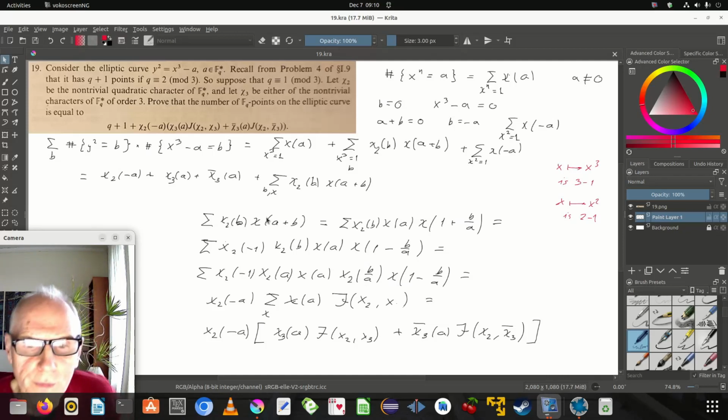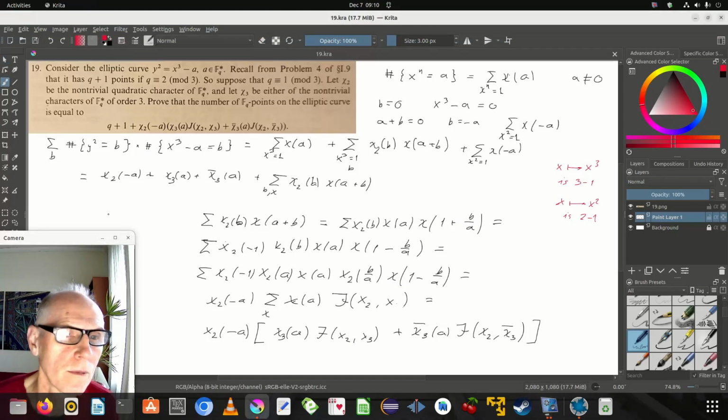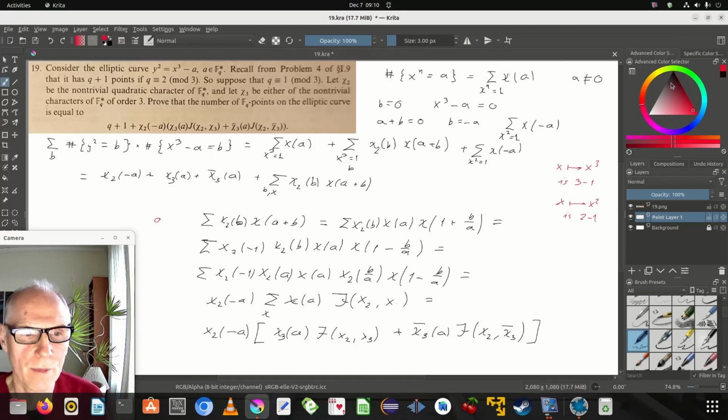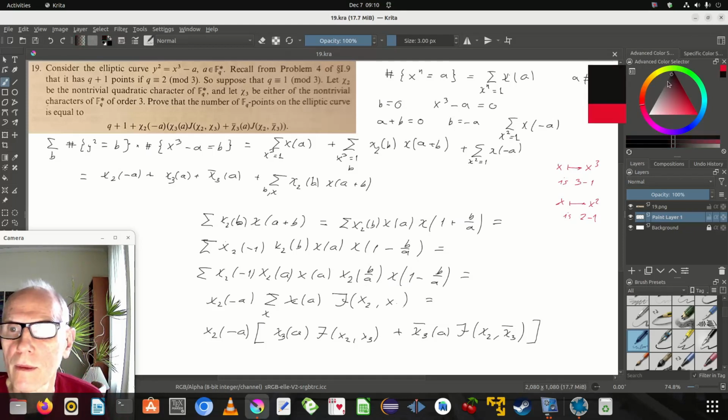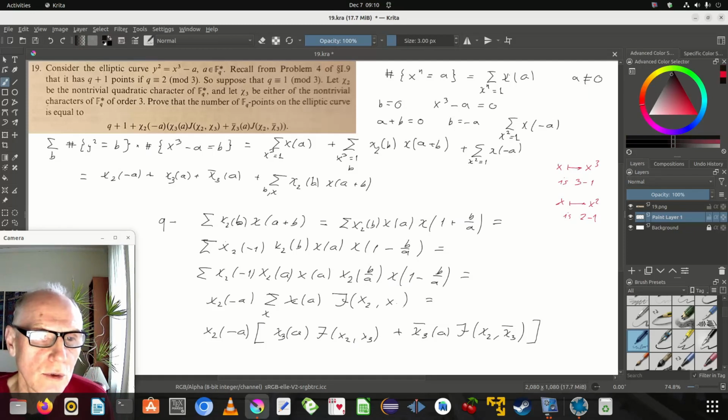Exactly. So I think, if we add Q minus 2, then we have chosen all cases when one of them is trivial. So we just have to add it all the way.